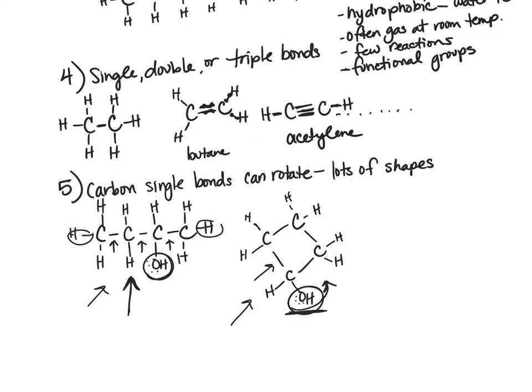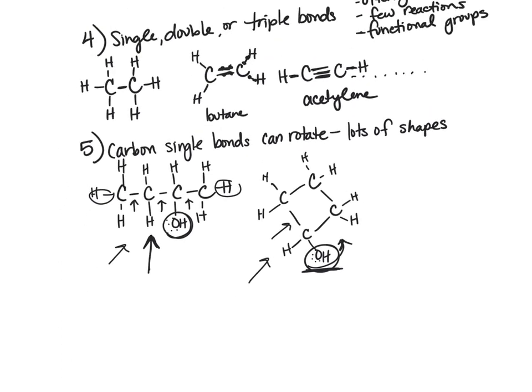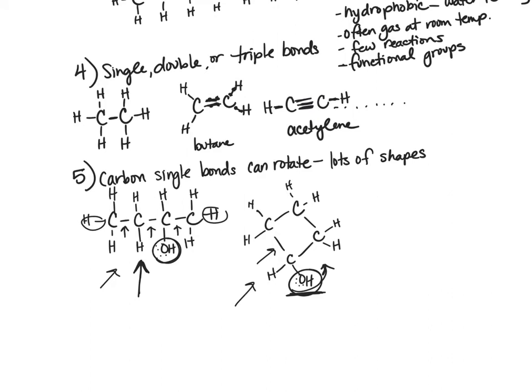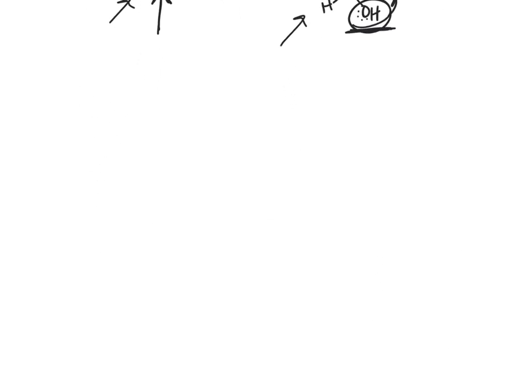And speaking of this hydroxyl group, what we're going to move into now is the different functional groups that I've already mentioned. So when we are talking about carbon, we have all of these 5 different things we went over that make carbon so special and really useful for living things. Now, when we talk about its interaction, we already talked about hydrocarbons.